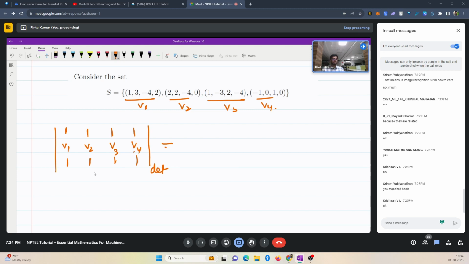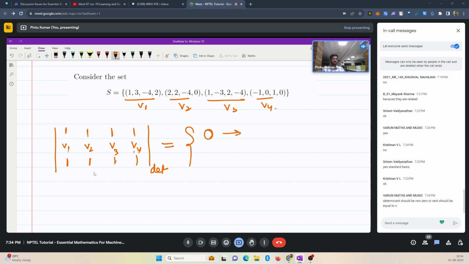So if your determinant is 0, then the matrix is actually linearly dependent. If it is not equal to 0, then it is linearly independent, whatever set of vectors that you have.